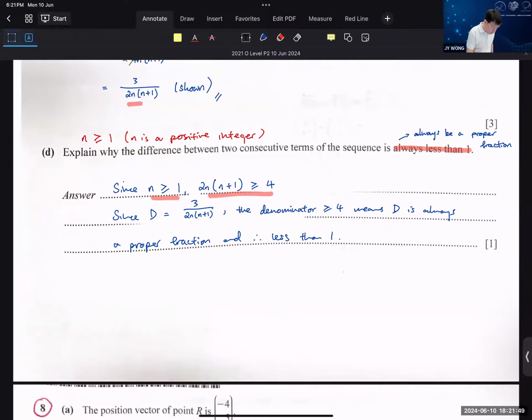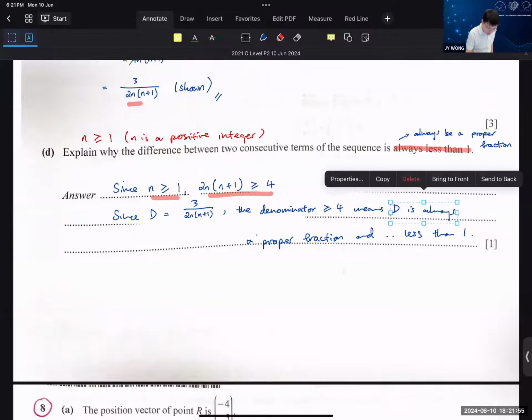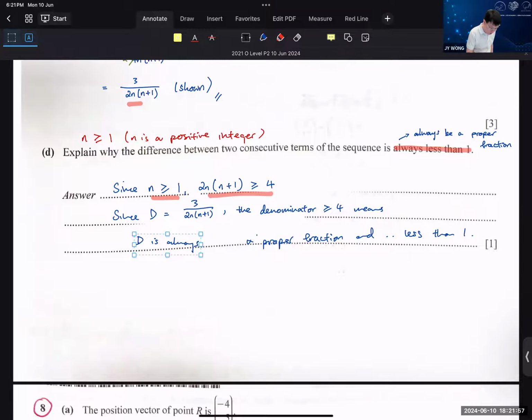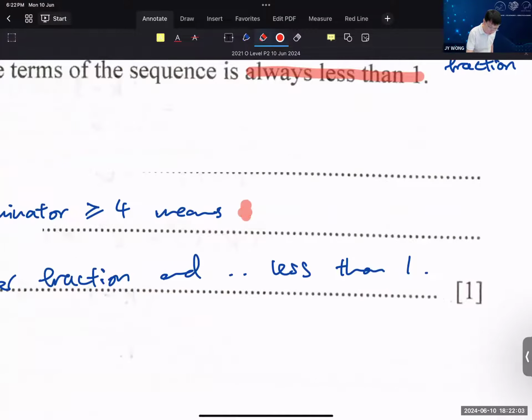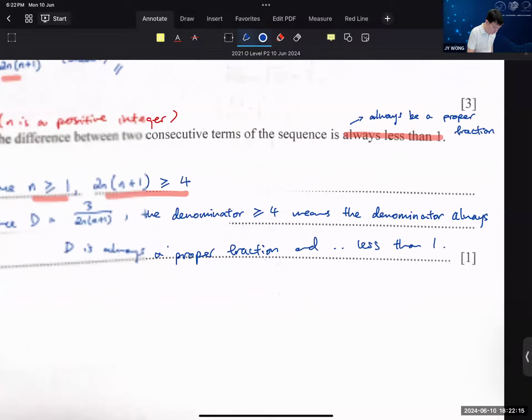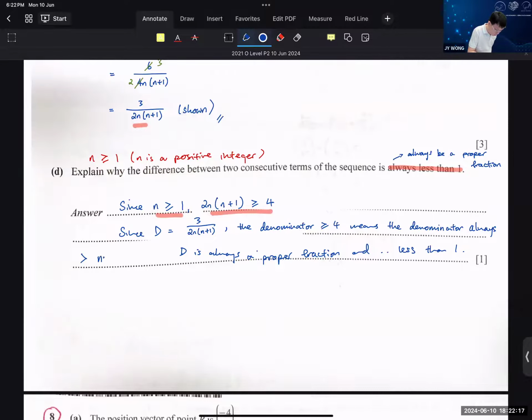Or maybe you want to be slightly clearer, you explain one extra thing: your denominator is always more than your numerator. So a few things here.